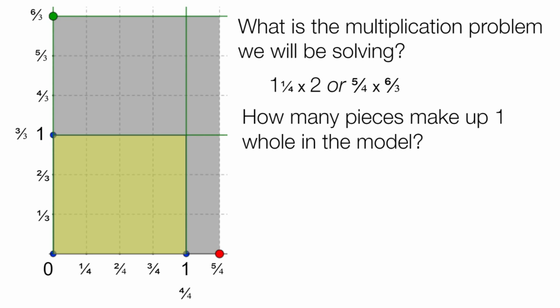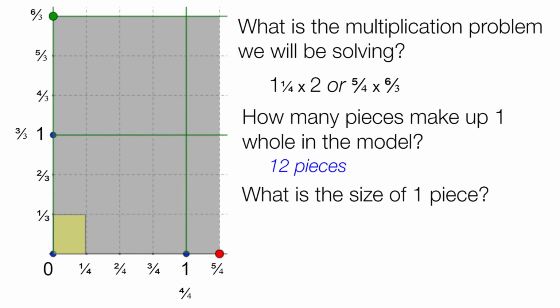If you count them all up, you should get 12 pieces. So if there are 12 pieces that make up a whole, what is the size of 1 piece? We would say that 1 piece is equivalent to 1/12.